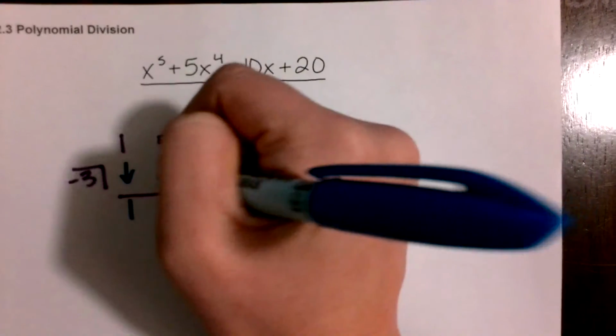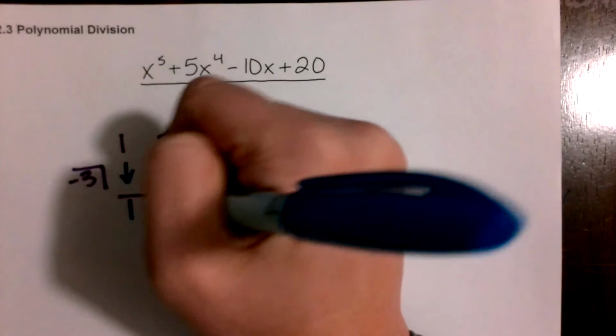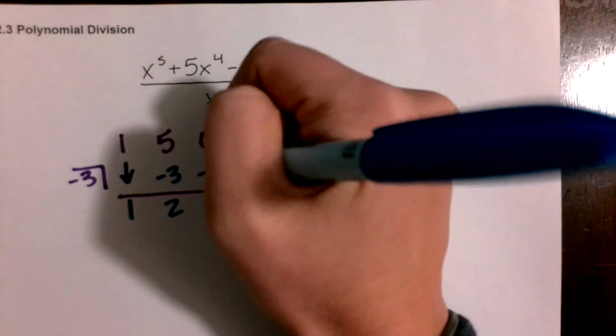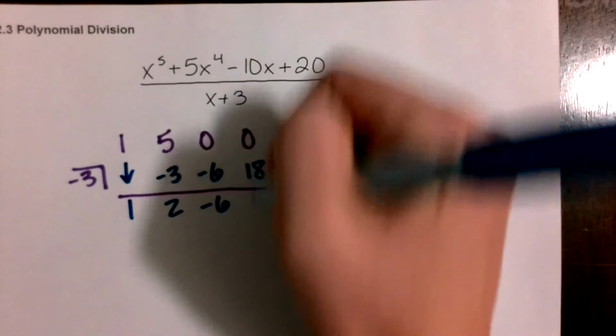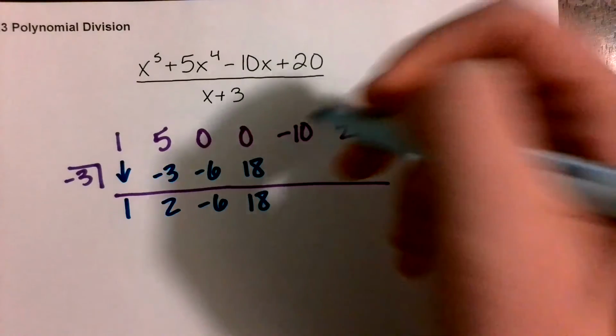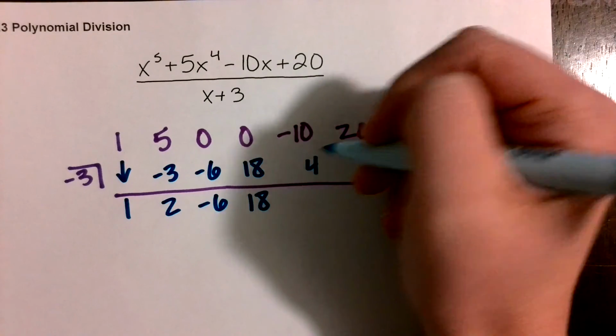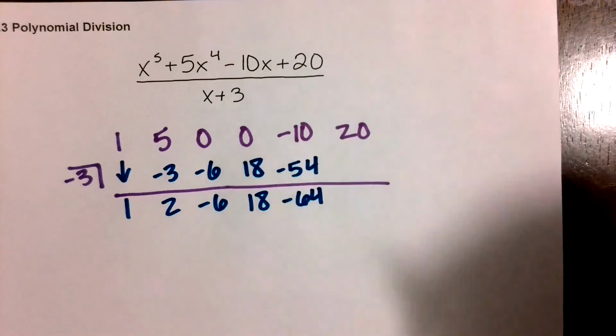Okay, we're dropping the first number, multiplying by what's in the box, combine, multiply by what's in the box, combine, multiply by what's in the box, combine. Oh, I've got some big numbers. Multiplying by what's in the box. Let's see, we got 54, -54. Some large ones.